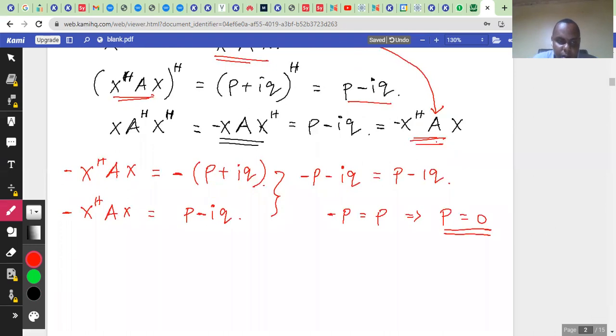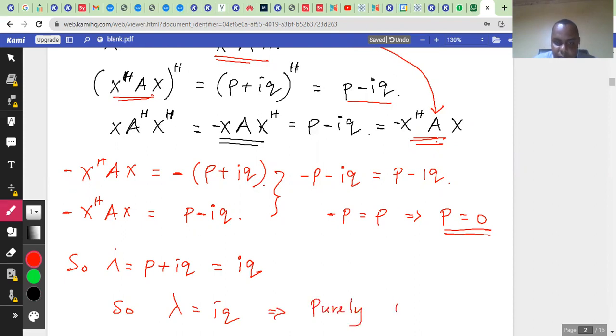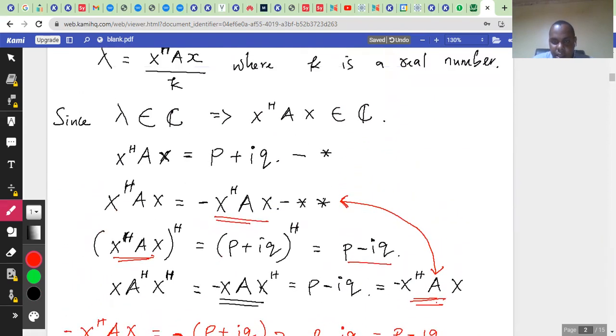We find out that p plus iq is going to be equal to iq. And what is p plus iq? It was lambda. So lambda equals iq. This means that it's purely imaginary. And that's the proof.